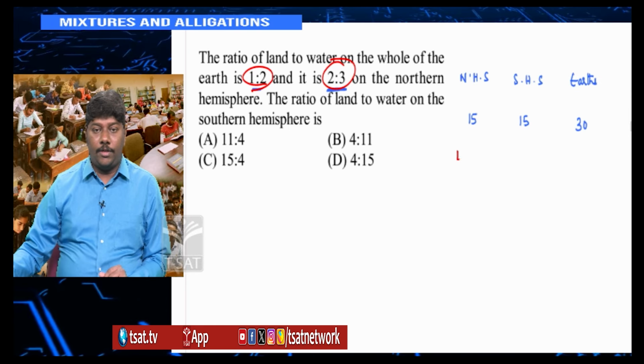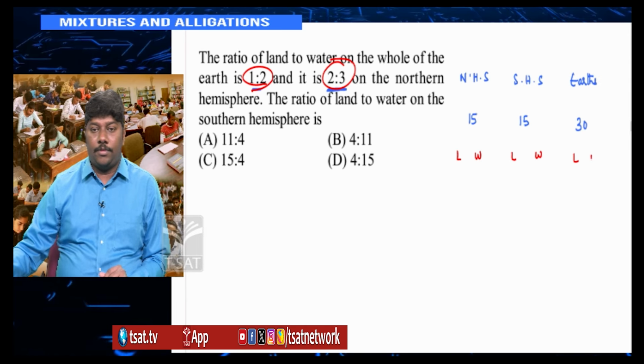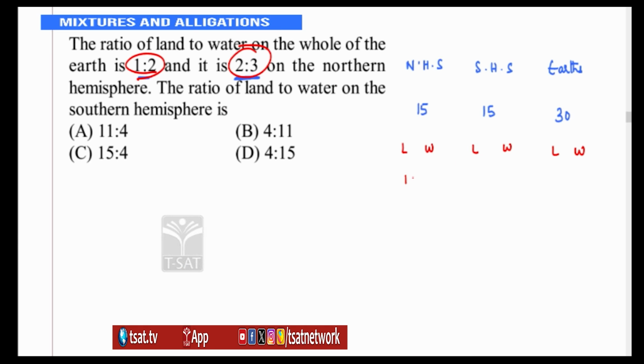Now land and water in the whole earth. Divide into the given ratios 1:2, 2:3. Divide 15 in the 2:3 ratio. The whole earth is 1:2. 5 parts is 15, which means each part is 3. Therefore land is 6, water is 9. 3 parts is 30, which means each part is 10.